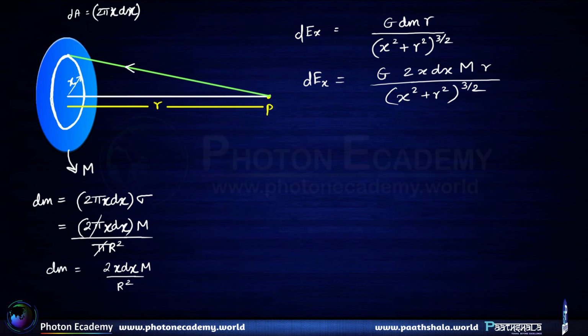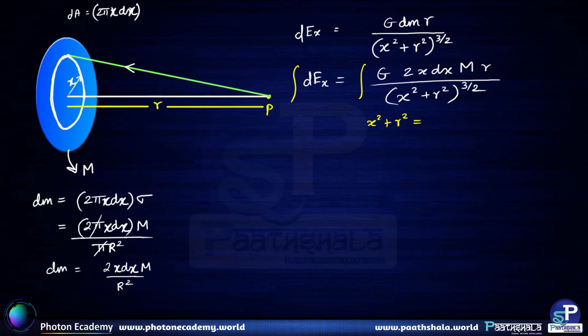Here we can carry out this integration by using a substitution. Let x square plus r square be equal to p square.